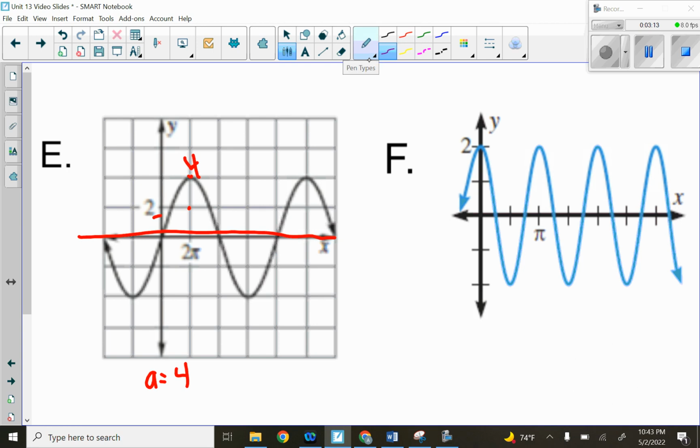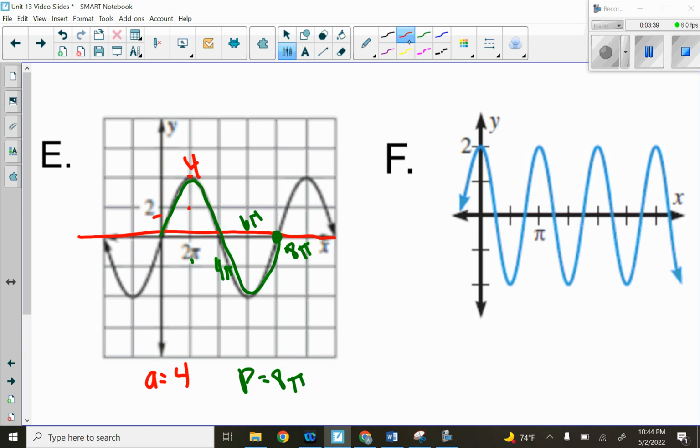And our period is how long it takes to complete a cycle. Our sine cycle goes up, down, then back up. So if this is 2 pi, this is 4 pi, 6 pi, 8 pi. So our period is 8 pi.